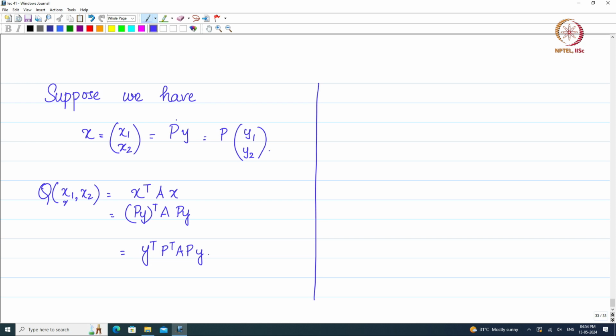And let us say P is an invertible transformation, that is more important, it is invertible. Therefore, I can get y is equal to P inverse x, right.